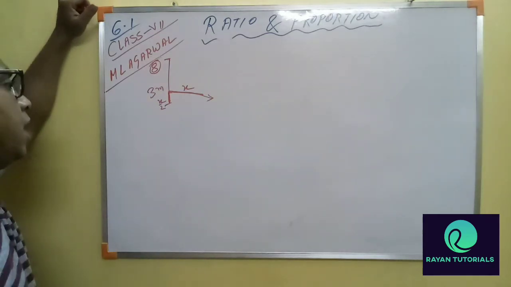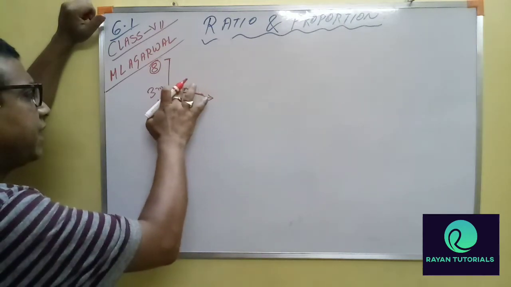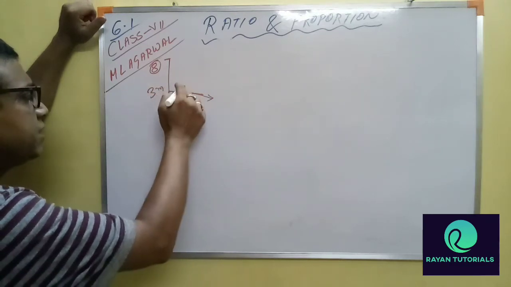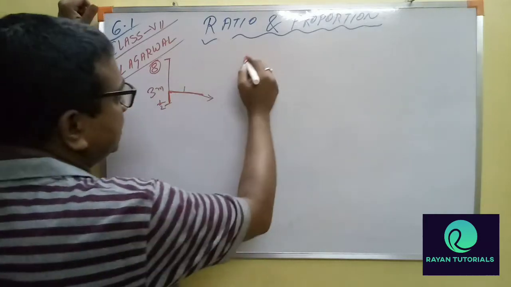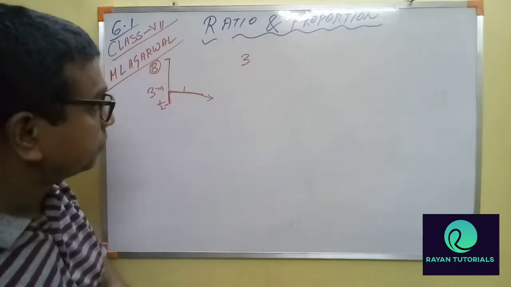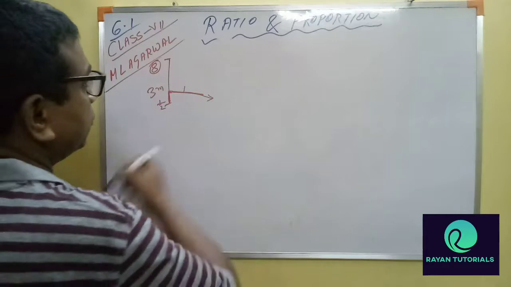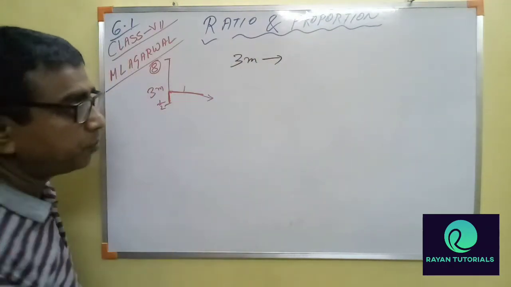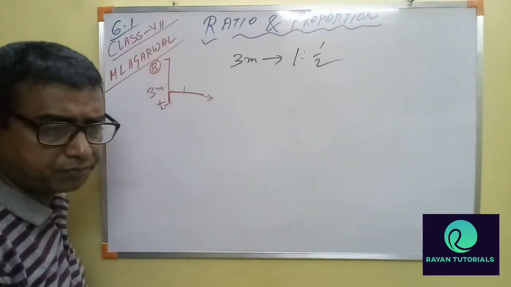Okay. That means no need to say x or y. If this is 1, this is half. That means the 3 meter pole got broken into 2 pieces in the ratio of half is to 1.